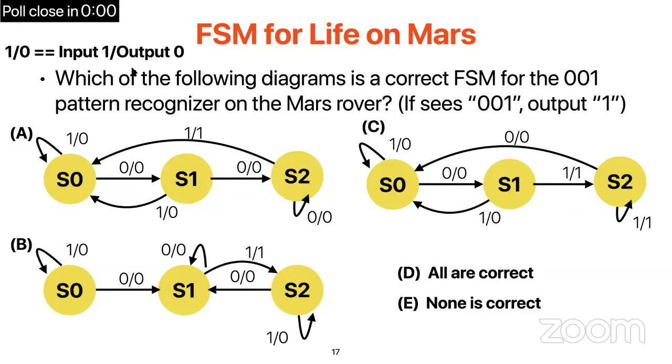So if I start with S0, and I see a 1, if I see a pattern starting with 1, that's definitely not something I want. But if I see a pattern starting with 0, then there is potential, this is something I need, and then I go to the next state.